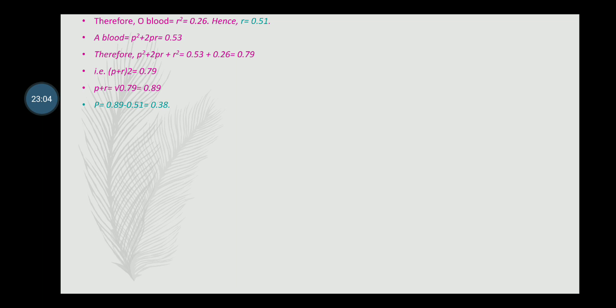Now we have the value of P and the value of R. Therefore, calculating the value of Q will be the easiest. As we know, P plus Q plus R is equal to 1. Therefore, by subtracting those two values from 1, we get Q is equal to 0.11. Therefore, we get the values of P, Q and R. So now the genotypic frequency calculation will be a cakewalk.